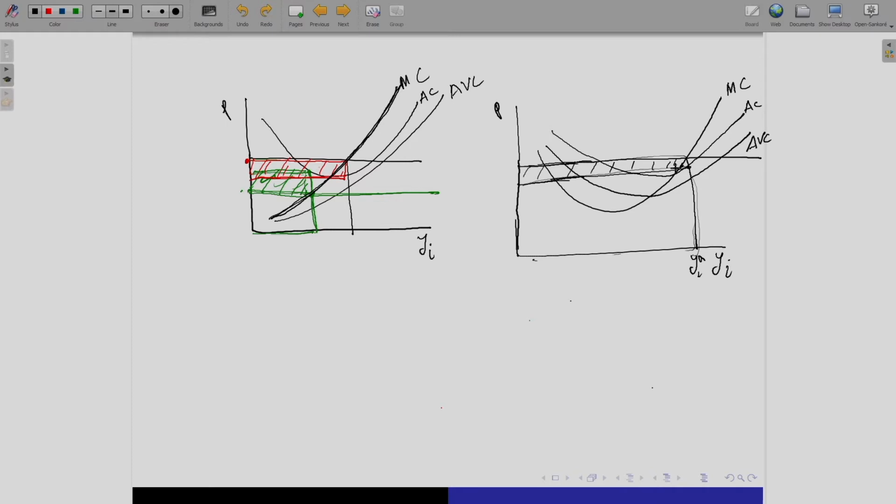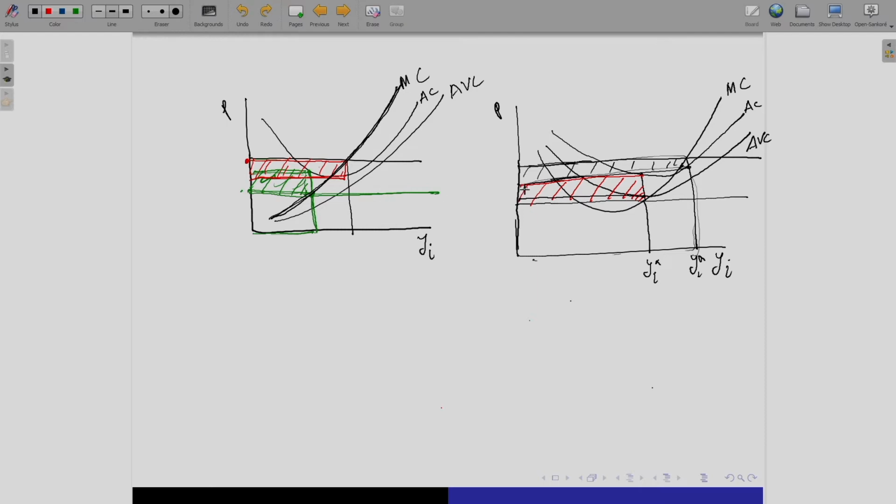Now suppose the price is here, then we know price is always equal to marginal cost. This is the optimal amount of output of the firm. Average cost is this at this output, so this box is the loss, right? Average variable cost is here at this output.